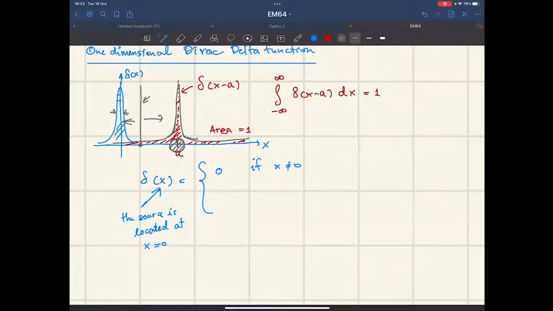Is that clear? So what happens at the source if x equal to 0? It becomes infinity because these lines go to infinity, but its area under the curve is 1. So this is the basic property of the Dirac delta function.